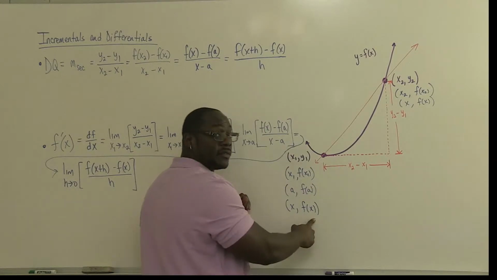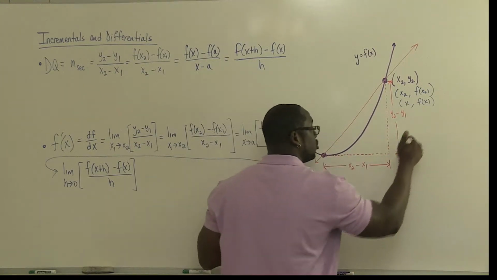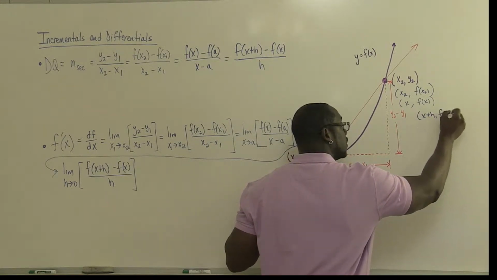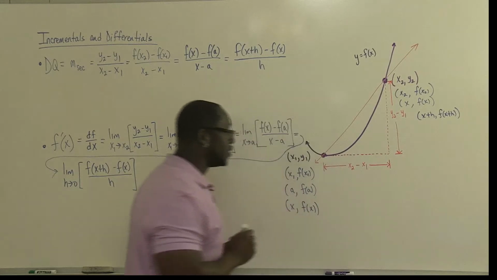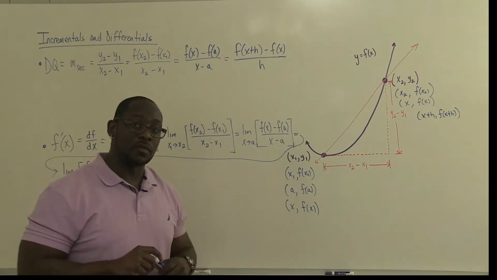So f of x here as the reference point, and then if we go h units over, we have this. Now the question is, where are we getting this h from?